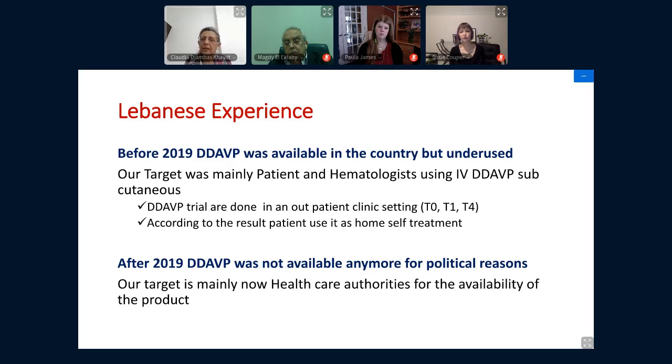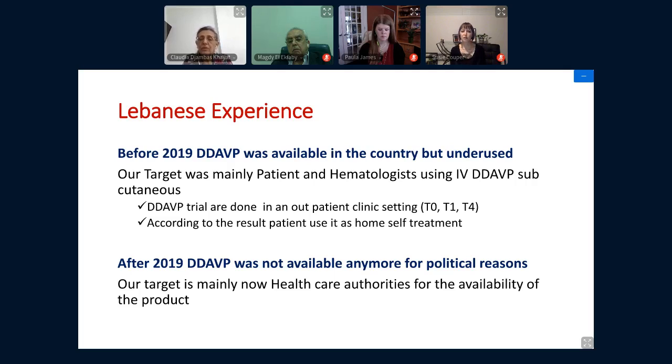So the patient comes to the clinic and we do the subcutaneous DDAVP. We explain what will happen and we do the observation needed during the first hour. And we draw blood 1 hour after, and if they have more money, 4 hours after, to see how it worked. And according to the results, the patient uses it at home afterwards.